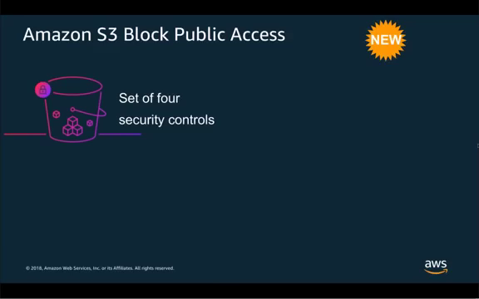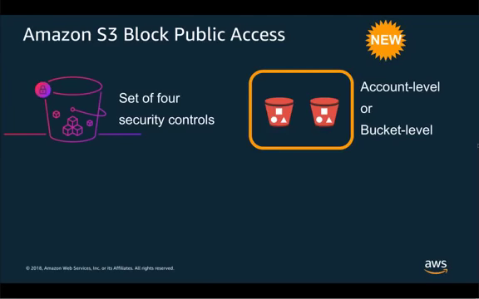Now, by default, new S3 bucket settings do not allow public access, and customers can modify these settings to grant public access using policies or object-level permissions. The Amazon S3 Block Public Access settings override those S3 permissions that allow public access, making it easy for the account administrator to set up a centralized control to prevent variation in security configurations.